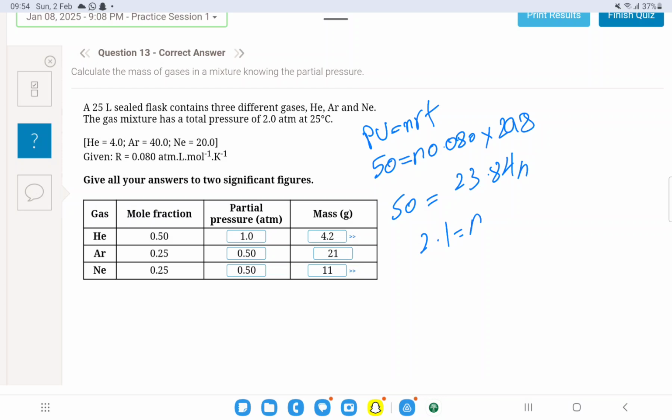So they gave you the mole fraction, they want the partial pressure. We can find the n of the gas by multiplying the mole fraction times n total.